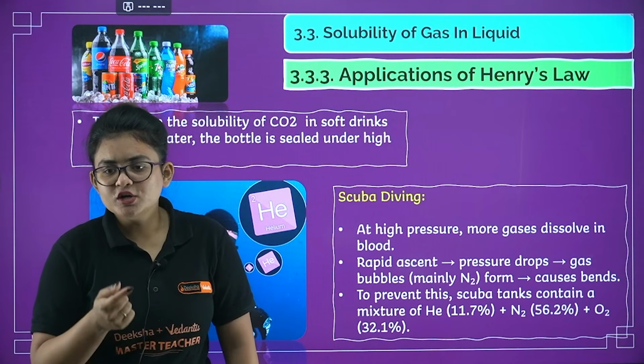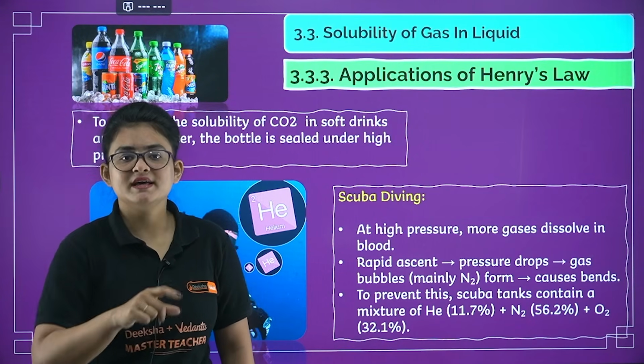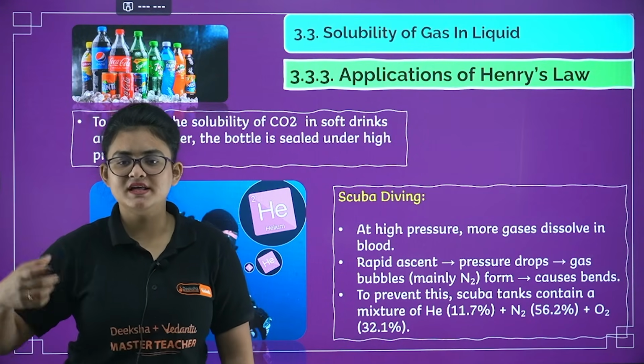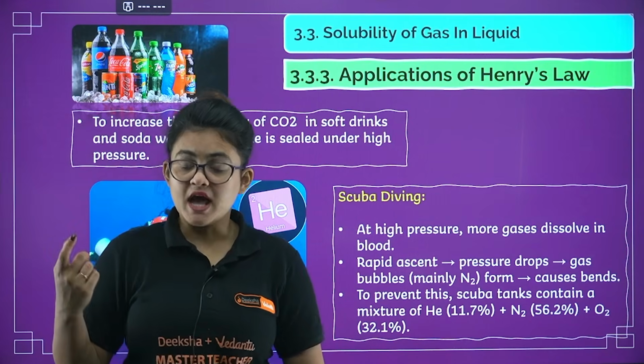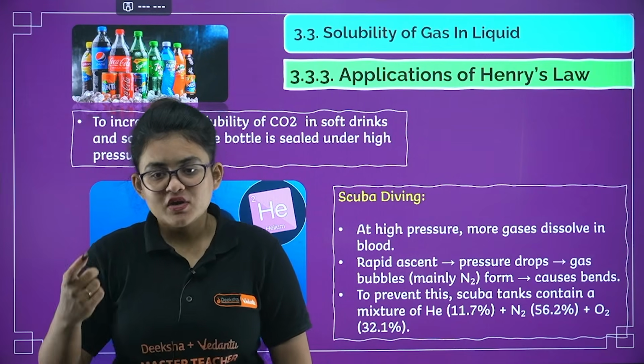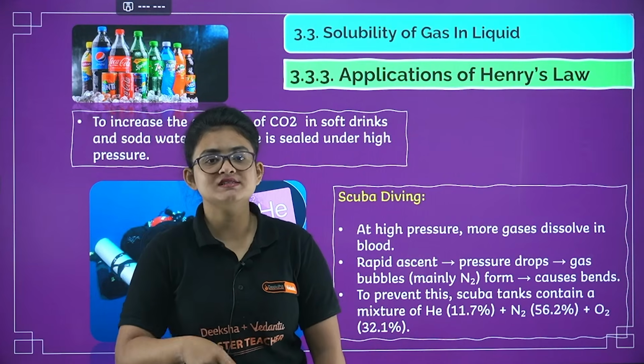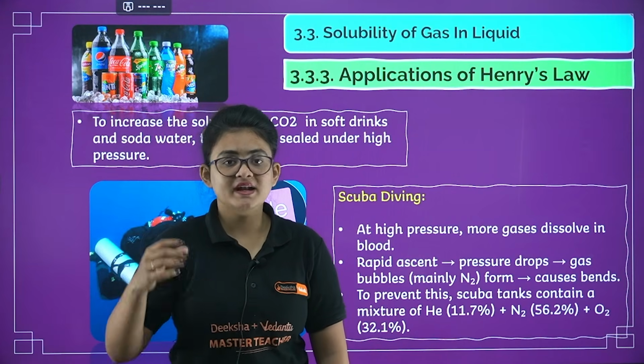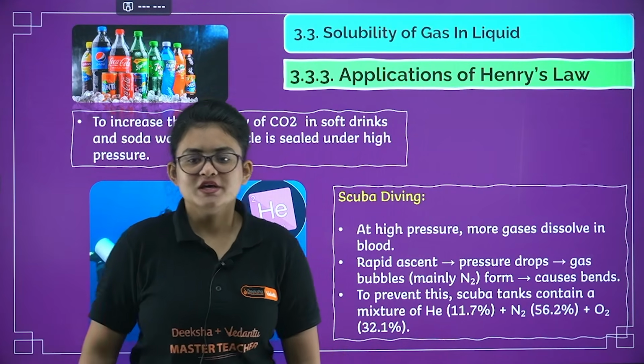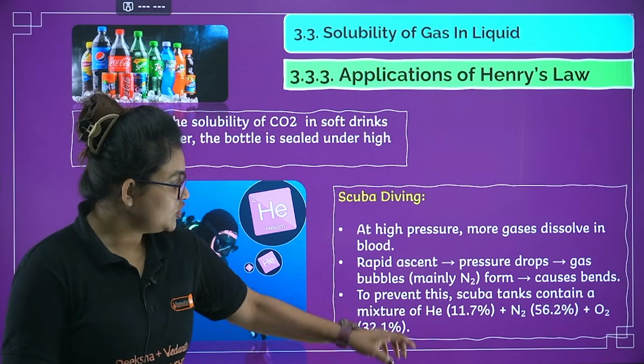So in order to prevent this, nowadays the tank contains a mixture of helium, nitrogen and oxygen. In the presence of helium, nitrogen gas doesn't dissolve in the blood at high pressure. That's the reason it is diluted with helium gas.